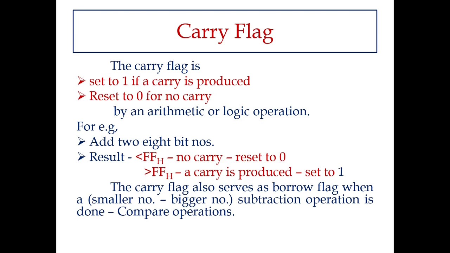This same carry flag also serves as a borrow flag when we do a subtraction operation or a compare operation. That means when we try to subtract a bigger number from a smaller number, a borrow is needed from the next bit. During that time, it serves as a borrow flag.